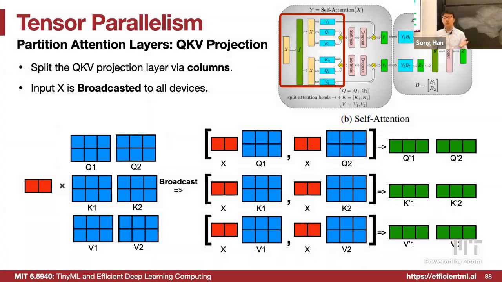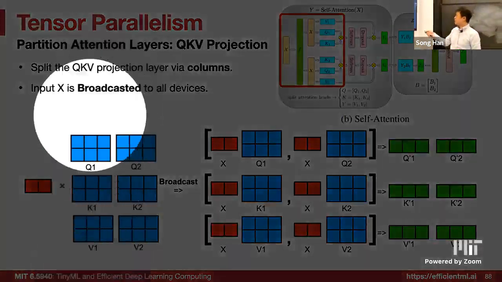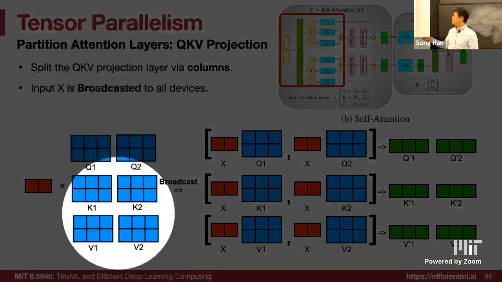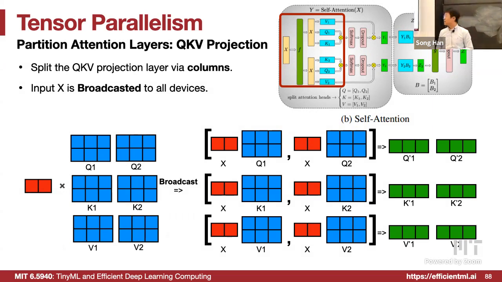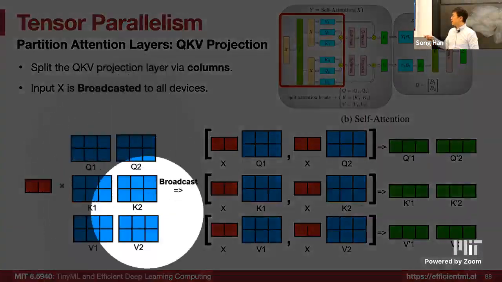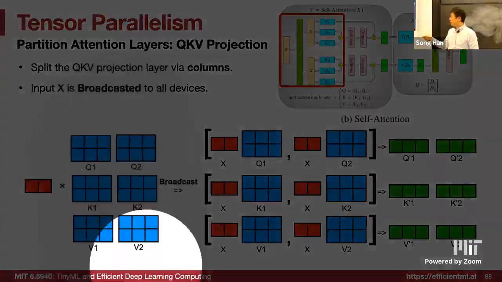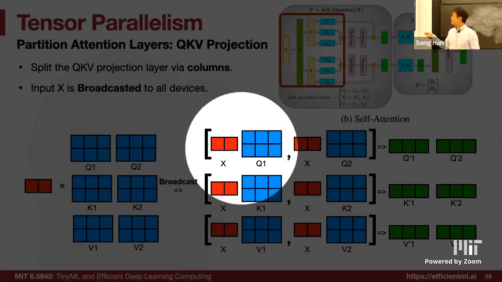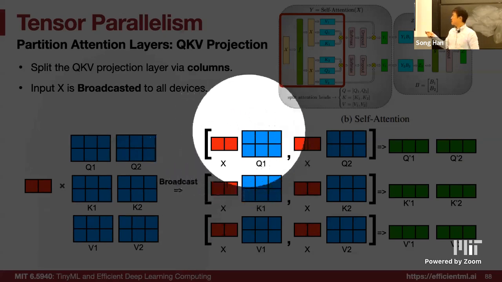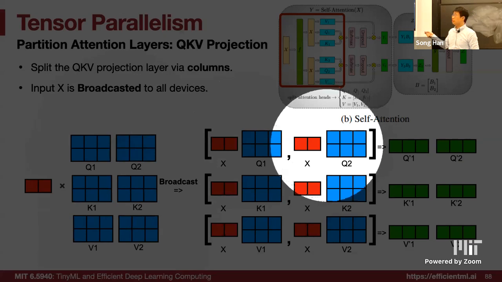What we do here is also split vertically across 2 GPUs. Each GPU is responsible for only half of the hidden dimension. Actually, that's the head dimension, and each GPU is responsible for 1 head. This is one head, this is another head, and we do a broadcast. X is broadcasted to GPU 1 and GPU 2.